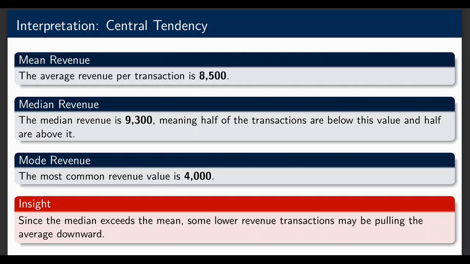The most common revenue value is 4,000. Since the median exceeds the mean, some lower revenue transactions may be pulling the average downward.